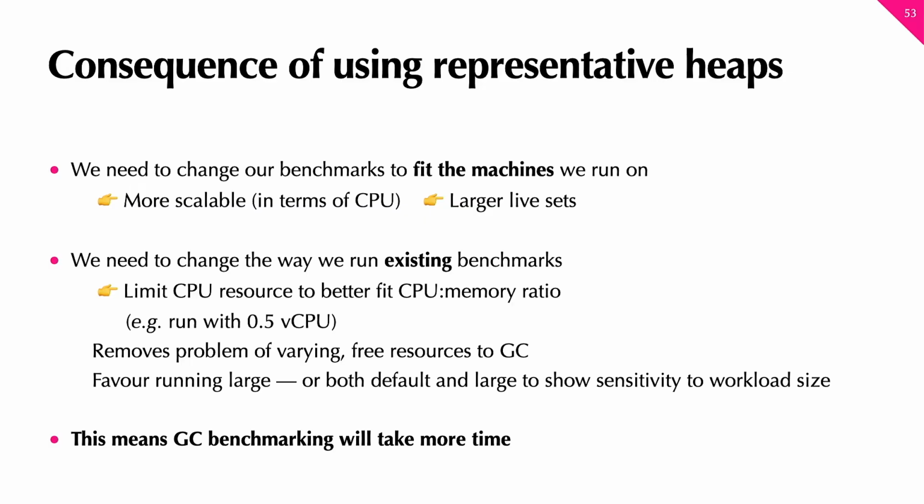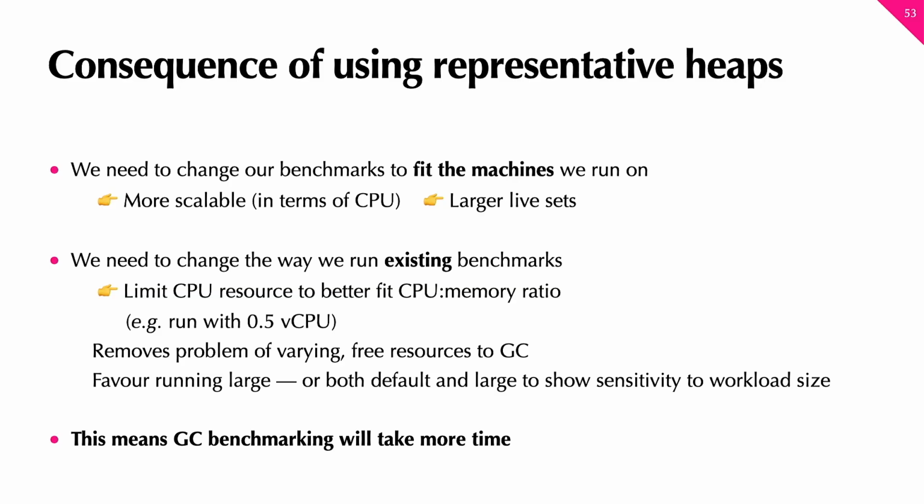Because still, the large workloads are not that large in relation to the machines that we are using. But in lieu of having benchmarks that capture all of that space, if we can see something along the lines of what you'd expect when benchmarks scale up in terms of live sets, that would be interesting, right?